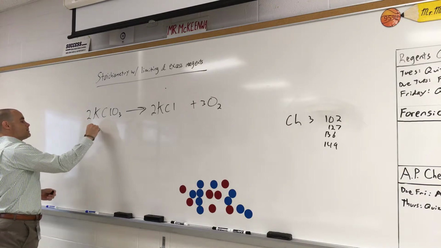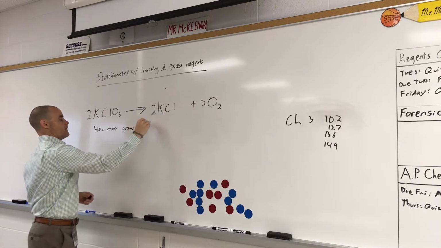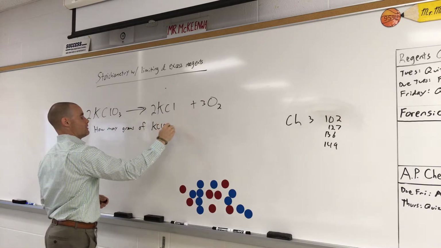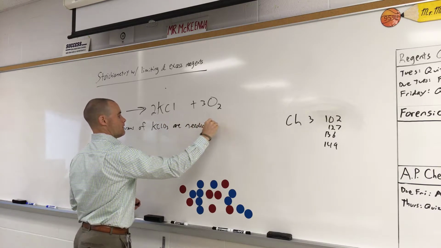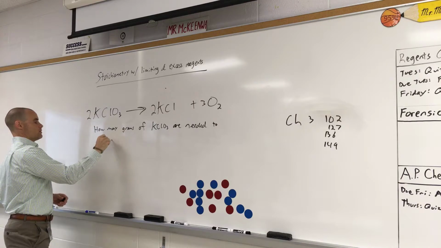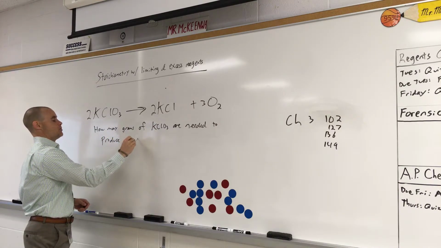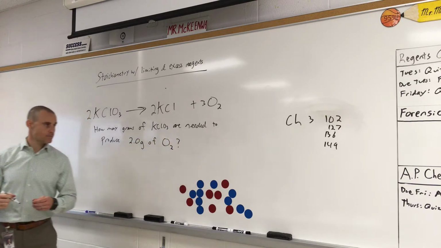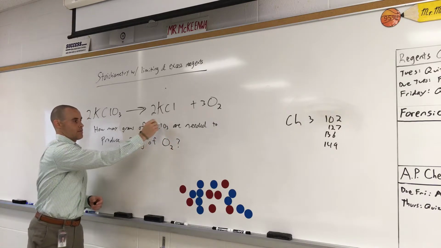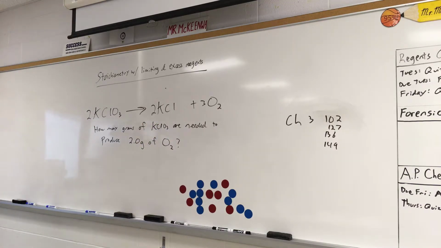How many grams of KClO3 are needed to produce 2.0 grams of O2? So how many grams of KClO3 are needed to produce 2 grams of O2?